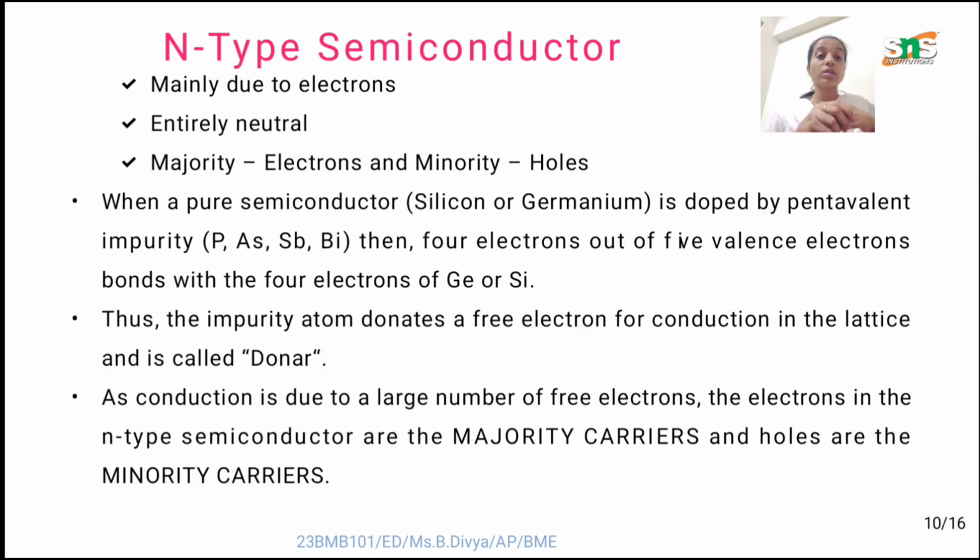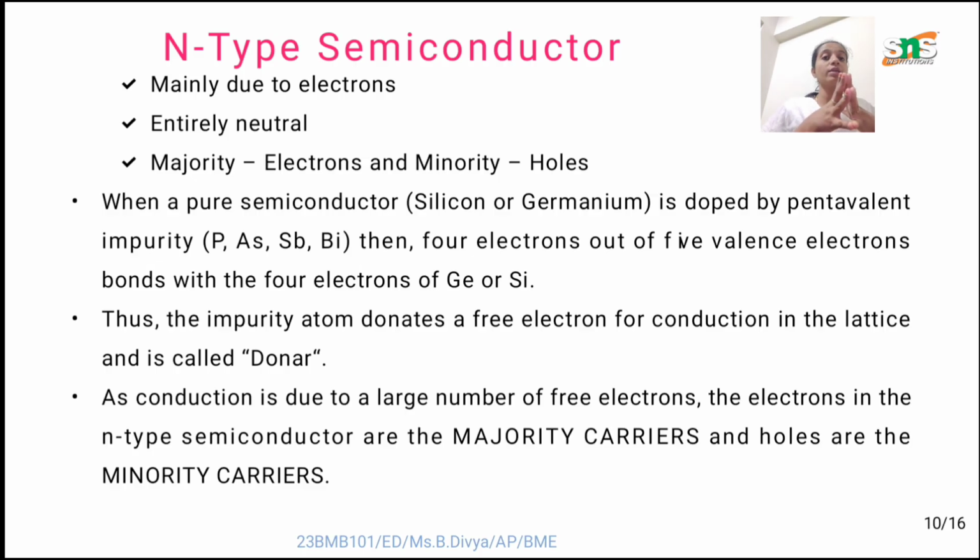Thus, the impurity atoms donate free electrons for conduction in the lattice, and this is called a donor. As conduction is due to the large number of free electrons, the electrons in the N type semiconductor are the majority carriers and the holes are the minority carriers.